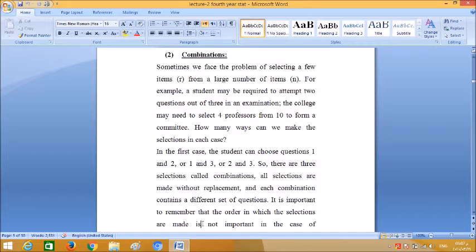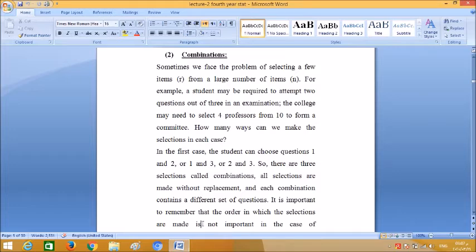The order is important when we deal with permutation, not combination. Okay? Because permutation deals with the rank or the order.